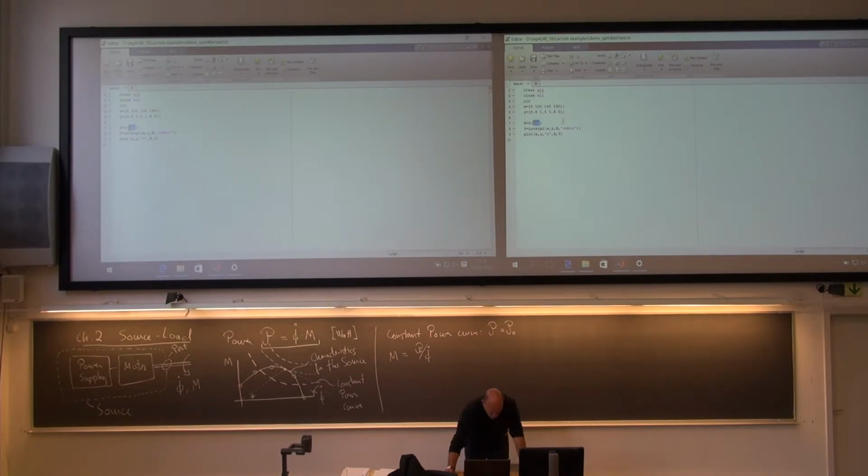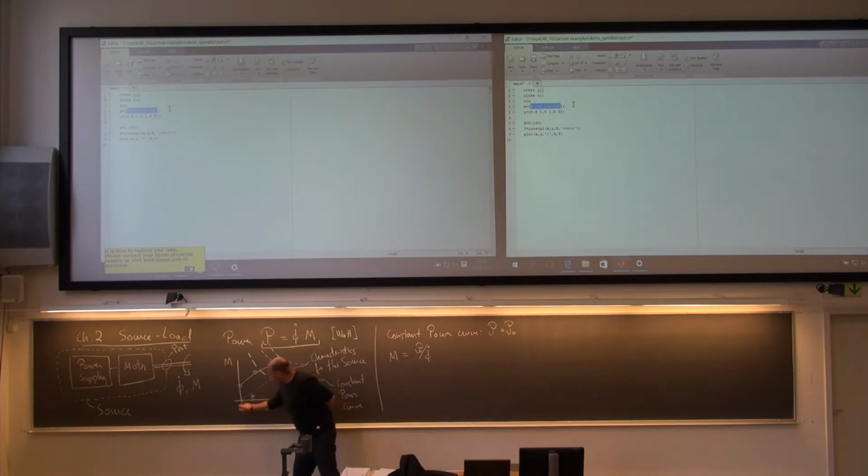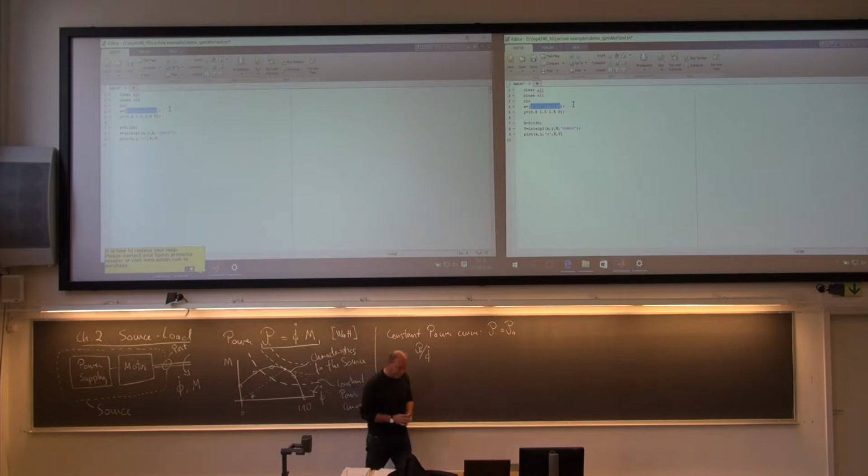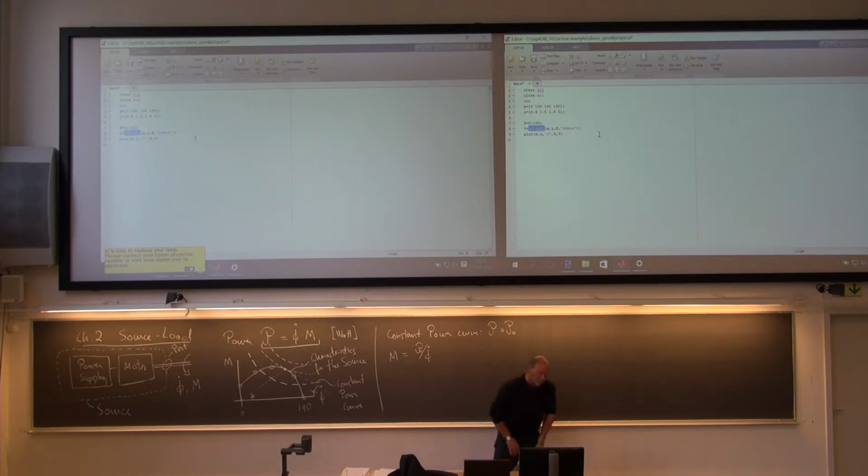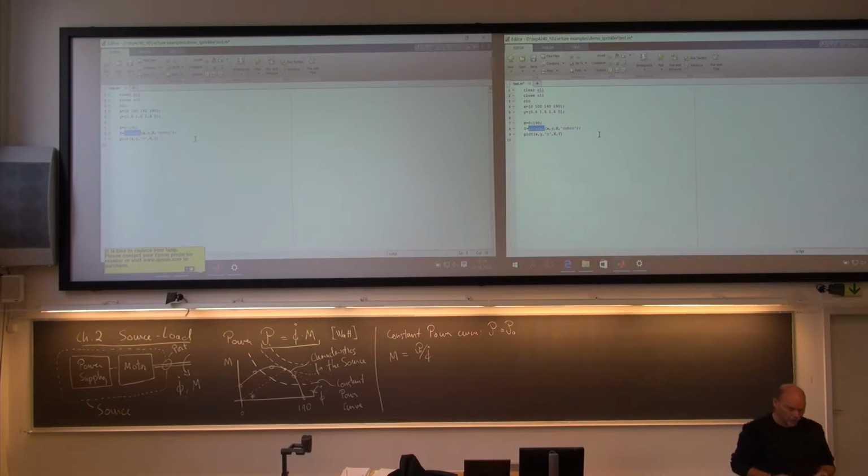Take from 0 up to 190, because that's the span of my x-axis. So you start here with 0 and then 190. And these two vectors here, x and y, they are input into a function called interp1 in MATLAB. That's interpolation, just a simple function.